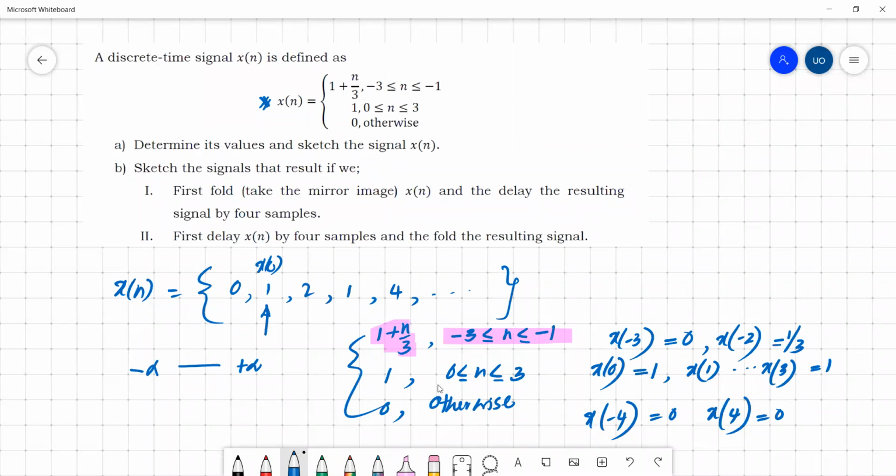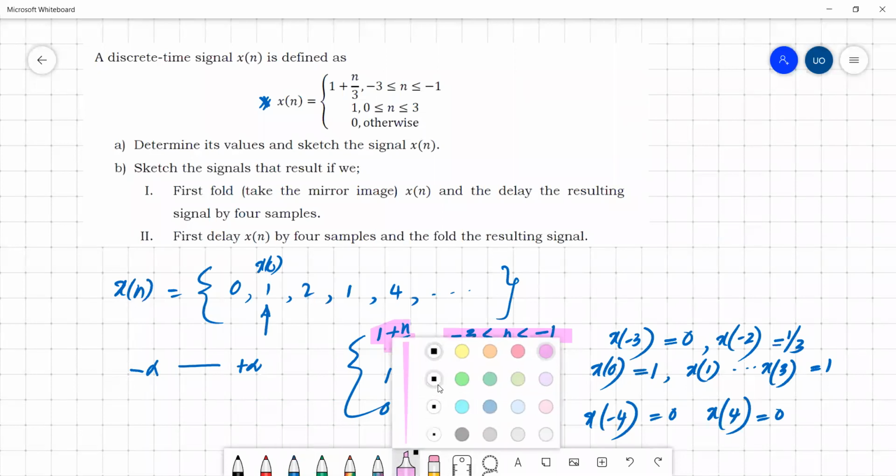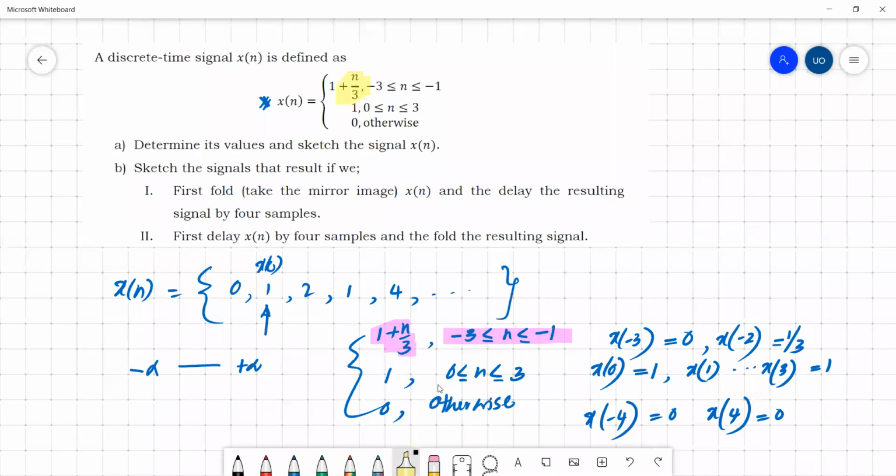If you want to evaluate the value between minus 3 and minus 1, you have to select this function. If you want to find the values between 0 and 3, this is the value. If you want to evaluate n outside these two regions, you have to stick to this.